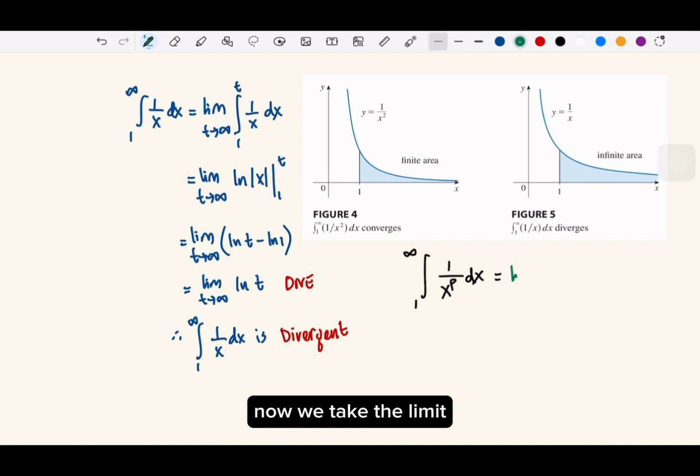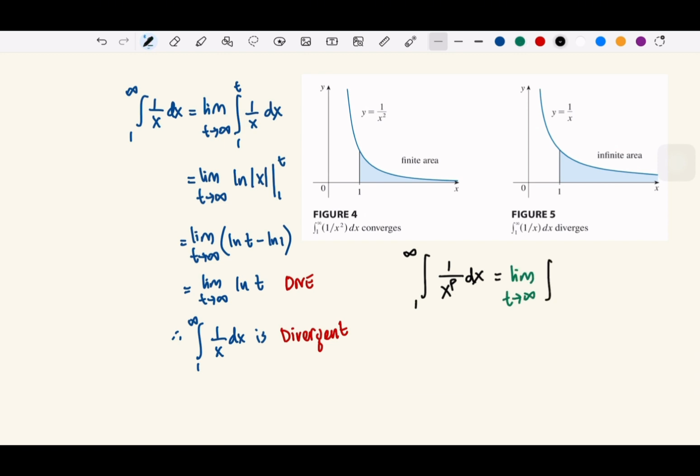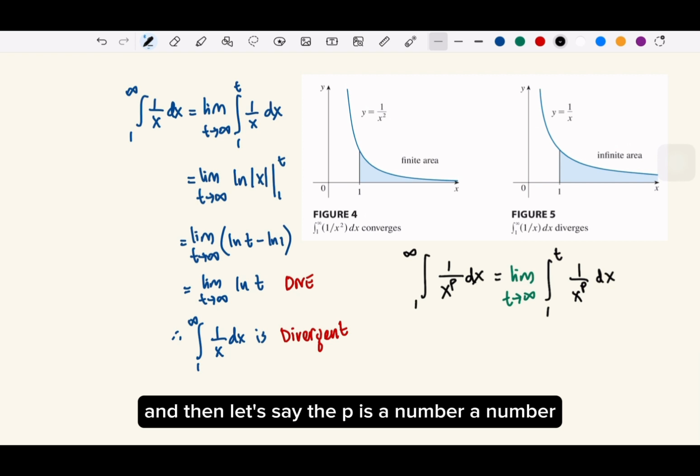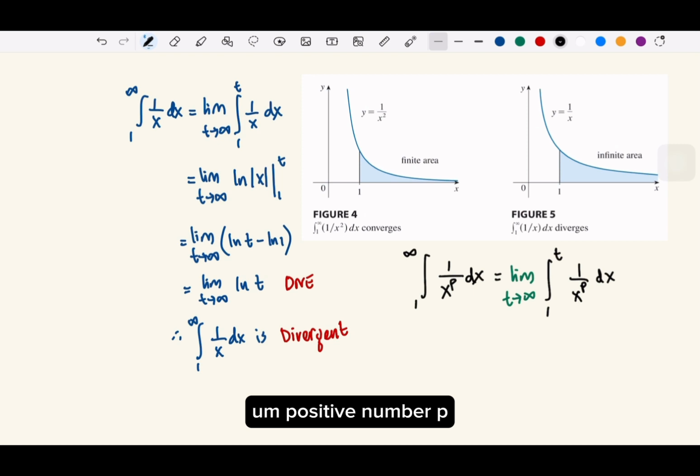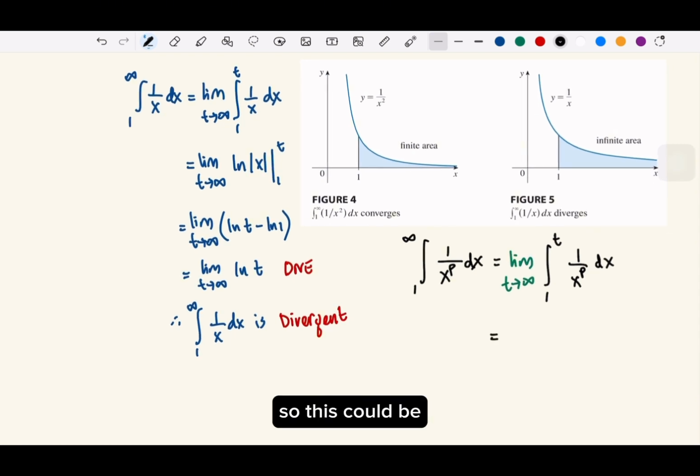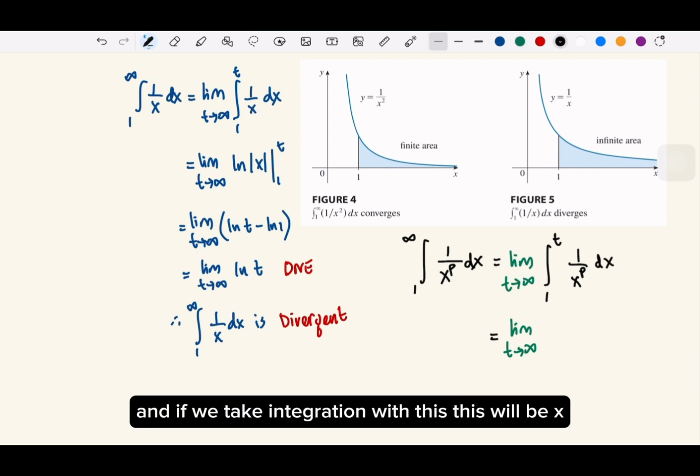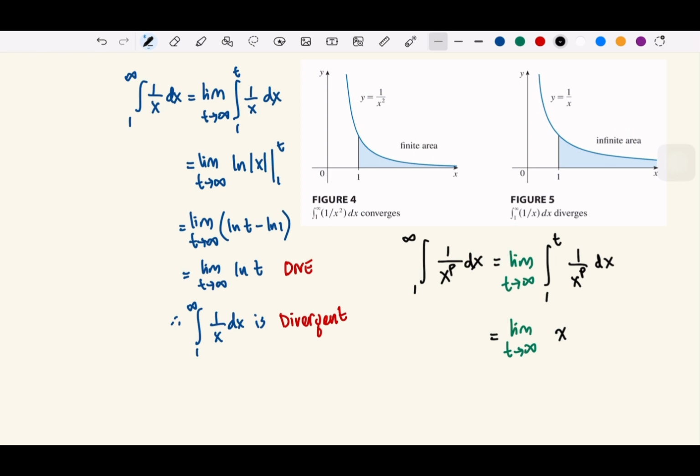Now we take the limit and exchange the infinity. And then let's say p is a positive number. So this could be written as, and if we take integration, this will be x.